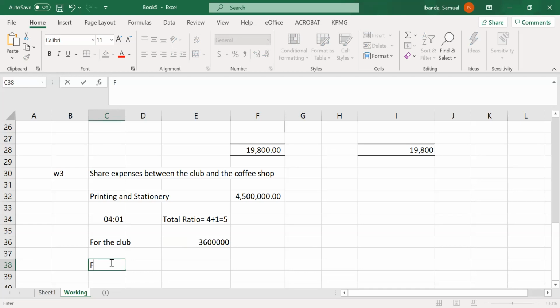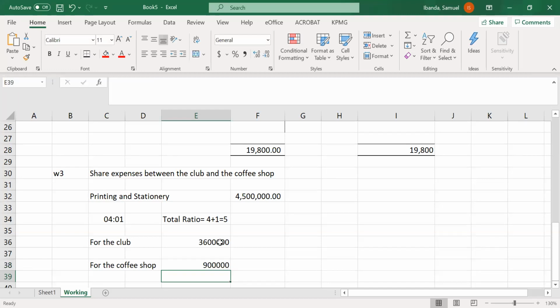Then for the coffee shop, it is going to be 1 divided by 5 times the 4.5, which gives me 900,000.